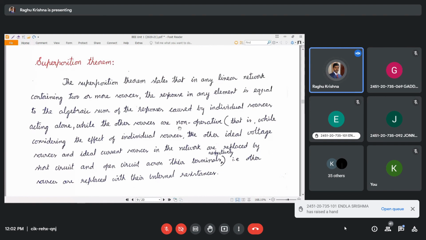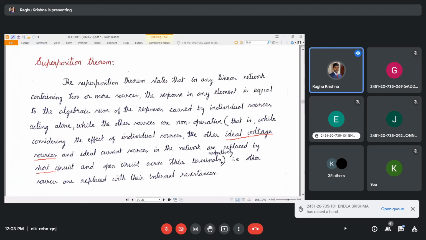So non-operative, how you are going to make the other sources non-operative means you have to replace the other sources with their internal resistances. So internal resistance for an ideal voltage source is 0.